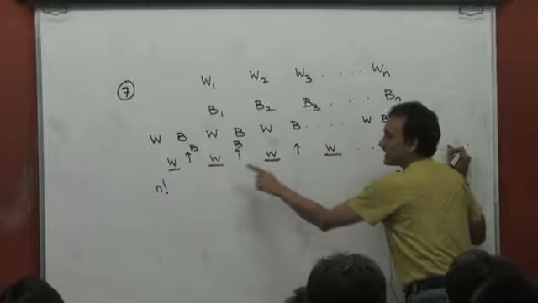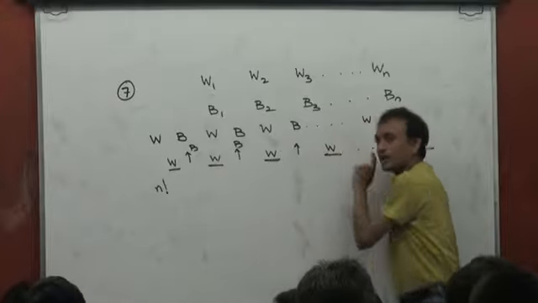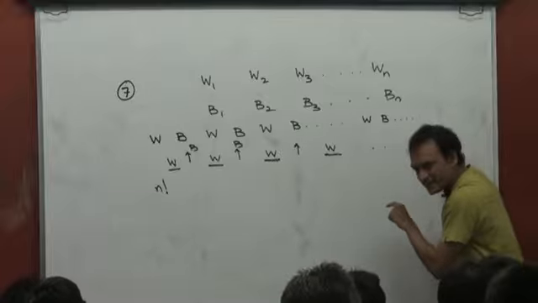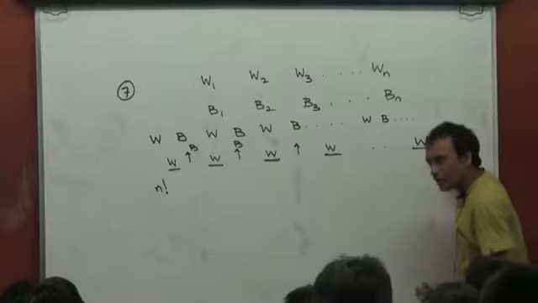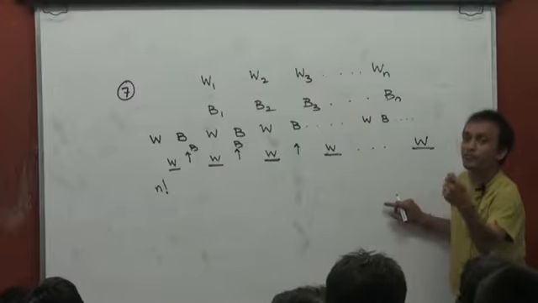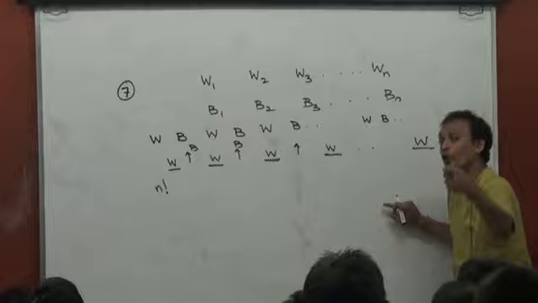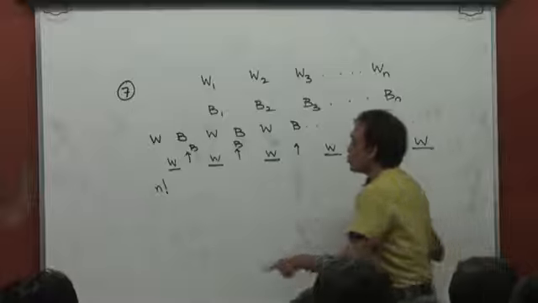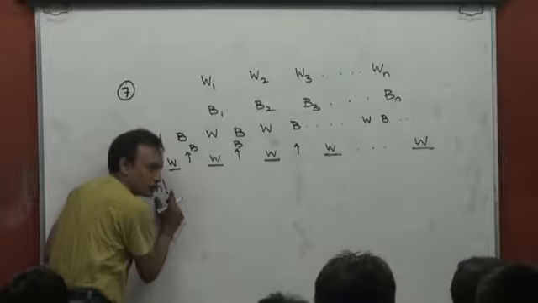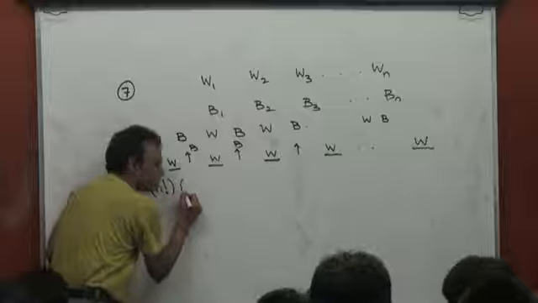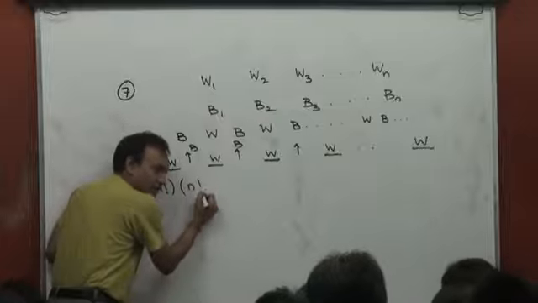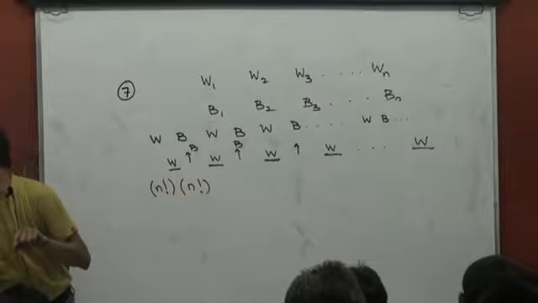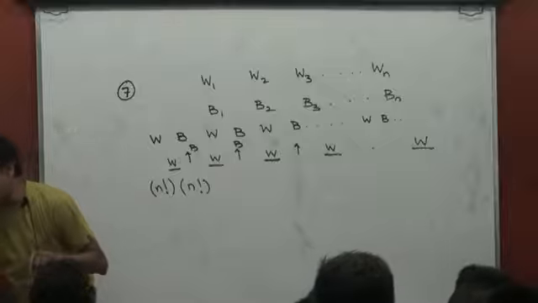The n white balls have n minus 1 spaces between them and 1 space at the end, so n spaces in all, and in these n spaces the n black balls would have to be arranged. In how many ways can I arrange those? In n factorial ways, right? So first I arrange the white balls in n factorial ways, and then I arrange the black balls in n factorial ways in these spaces, so that no two white balls or no two black balls are consecutive, right?